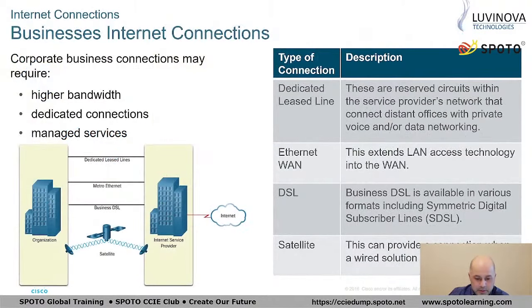Basically they build a point-to-point connection, and they put a dedicated cable between them. It could be fiber optic or any other transmission cable. This cable is dedicated for this company, and the speed is guaranteed as well. That's why this line is very, very expensive.